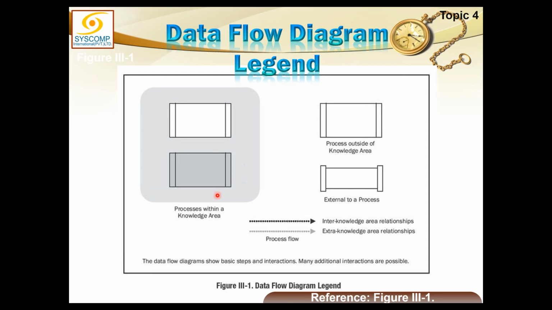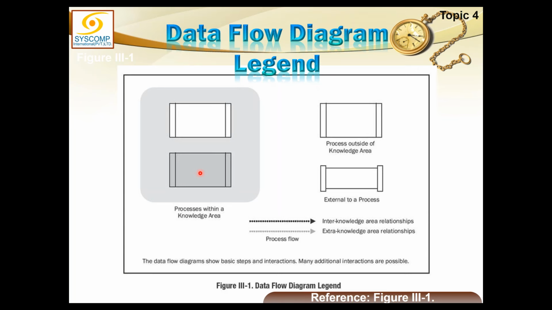The background transparent box, lighter gray color, represents the knowledge area of the process under discussion. And white boxes within this lighter background gray box represent other processes of the same knowledge area, but these processes are not the focal point of this discussion.